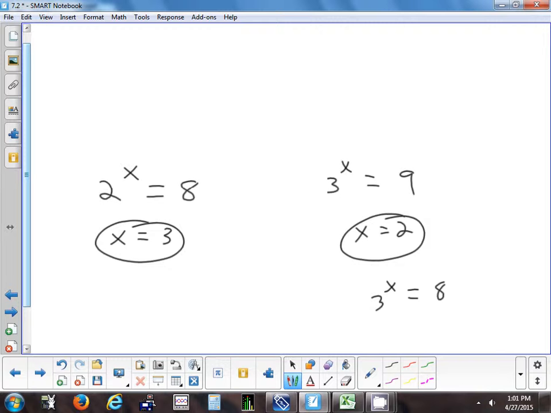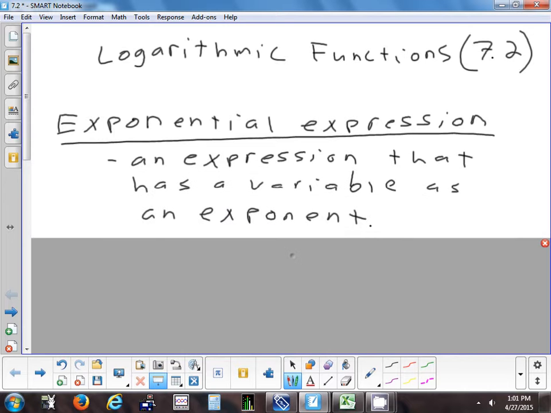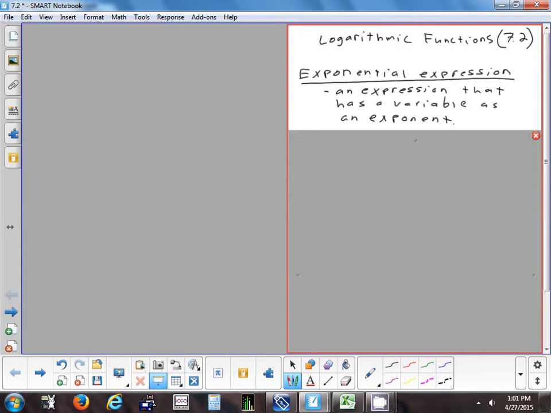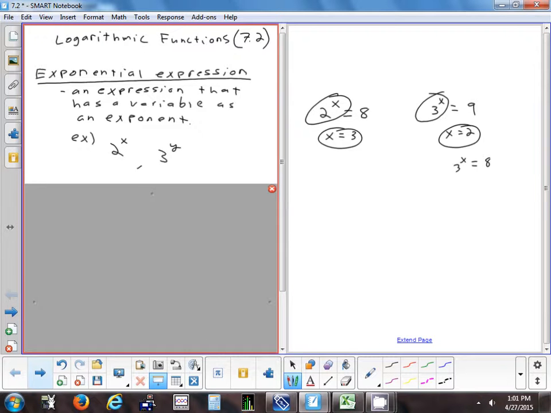So first thing I want to just explain is what these all are. These are all examples of exponential equations. And if we just focus on, say, this left-hand part, 2 to the x, 3 to the x, those are called exponential expressions.